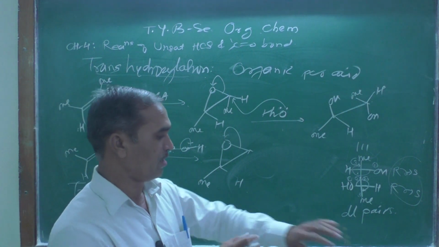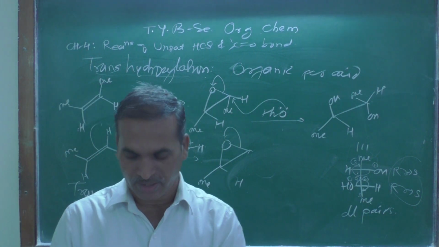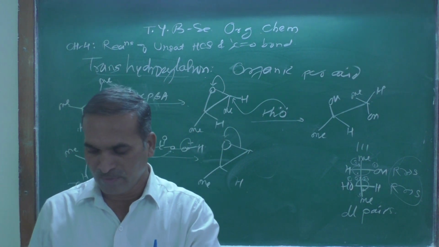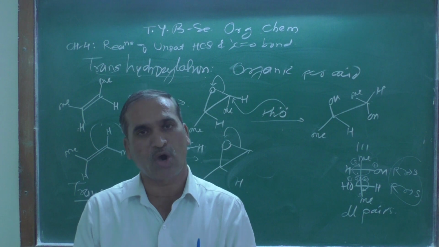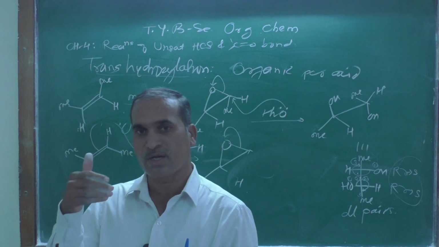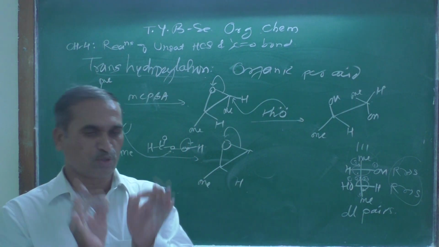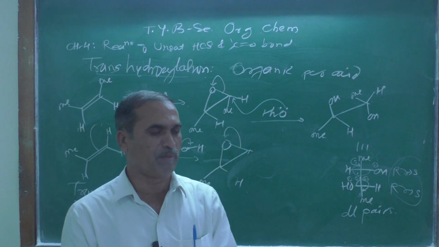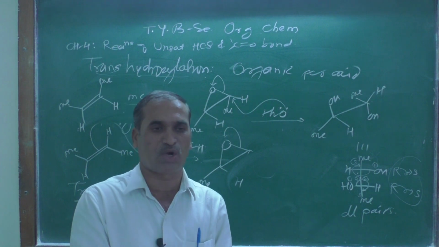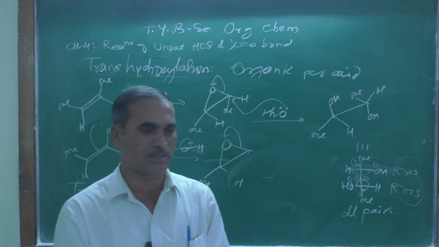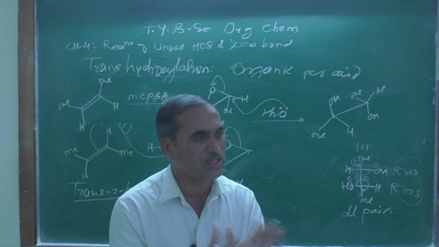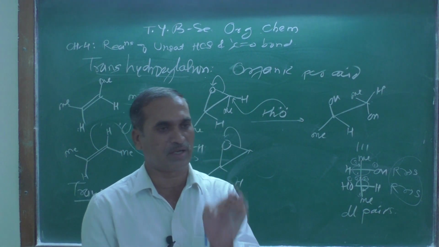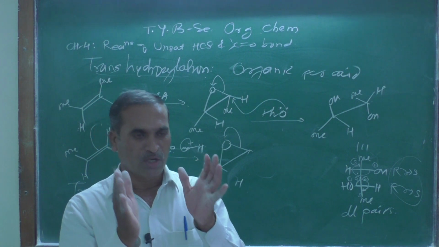So in this way we have completed this point, and in the next lecture we will see the hydroboration oxidation reaction with suitable examples. So in the exam you should remember the main points as far as cis hydroxylation and trans hydroxylation. For cis hydroxylation, the reagents used are potassium permanganate and osmium tetroxide.